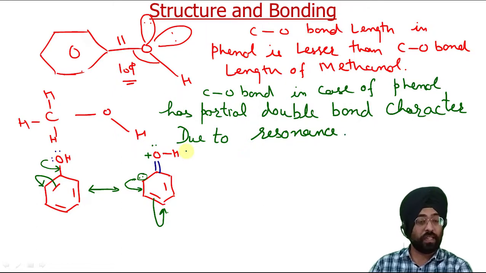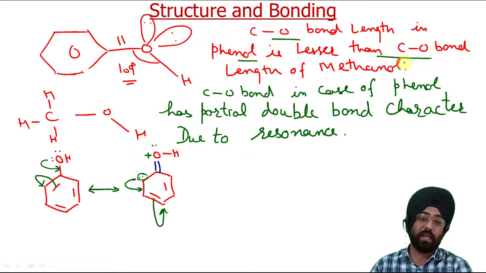That's why we know that double bond is shorter than single bond. So that's why carbon oxygen bond length in phenol is lesser than carbon oxygen bond length of methanol. Because of this resonance, it acquires a partial double bond character. So this is very important thing, you should keep this in mind.